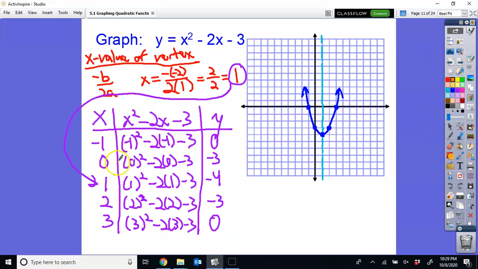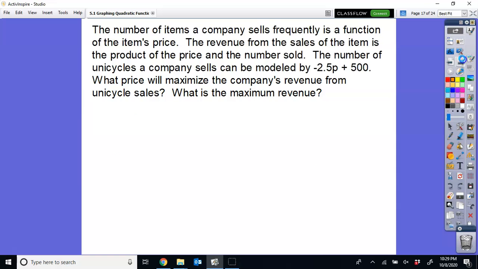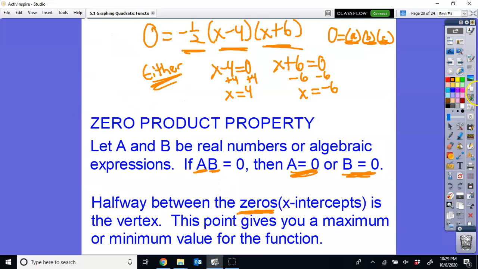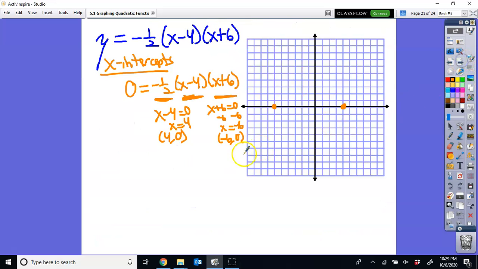So in the middle of the 2 intercepts, 4 and -6, is where I'm going to find the vertex. Now this one's very similar to the standard form. We're only going to know the x value, not the y value, so be careful with that.